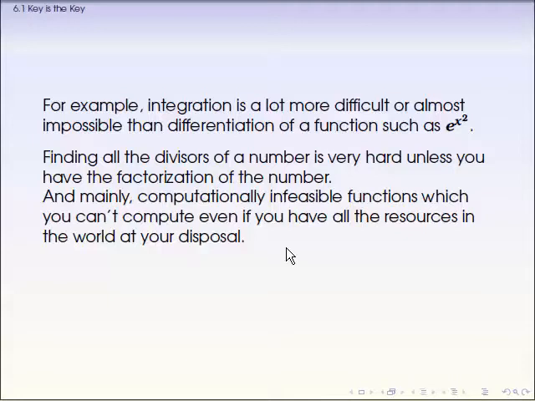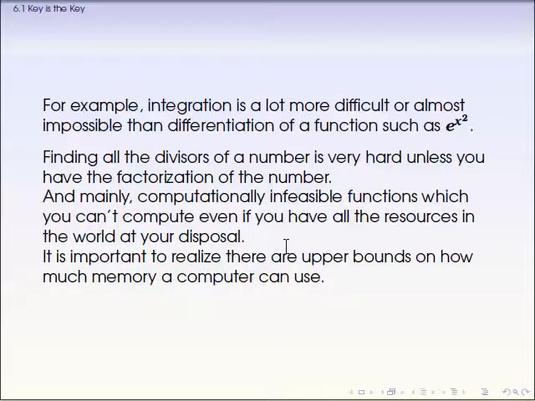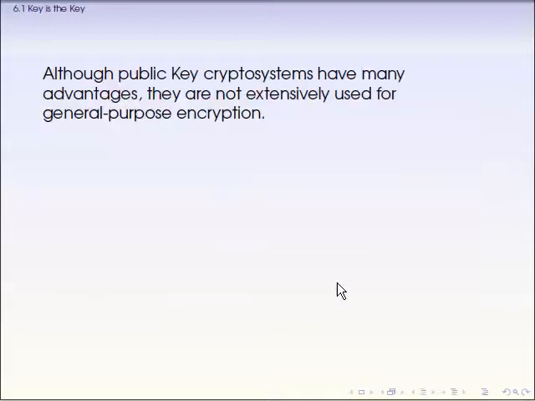All these difficulties come from the fact that, even with very strong, powerful computers, there are limitations of these operations, right? It takes a really long time to calculate all the possible cases. So these public key systems actually rely on the limitations of our calculation skills so far.